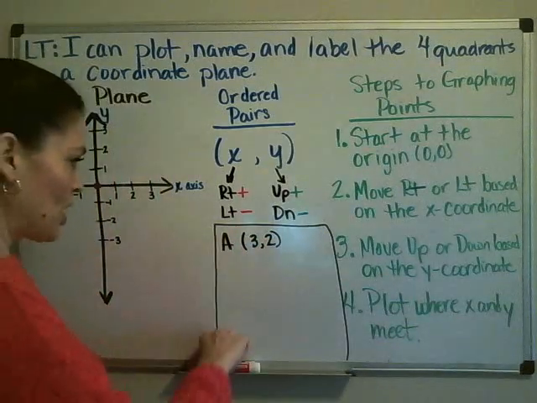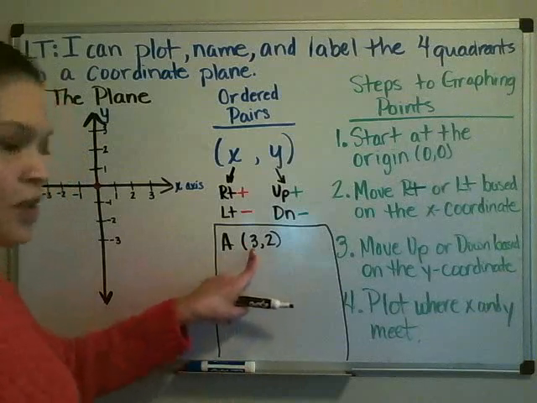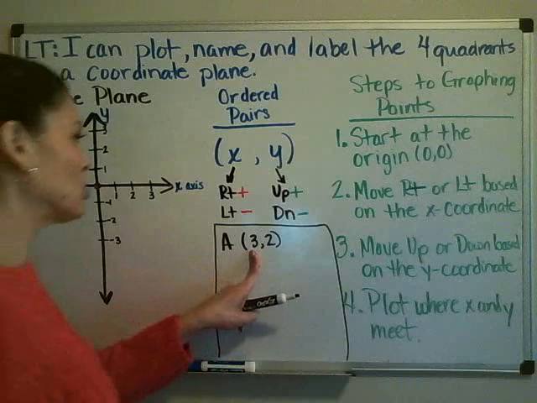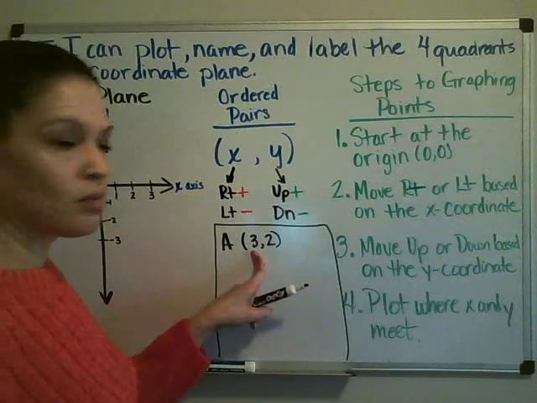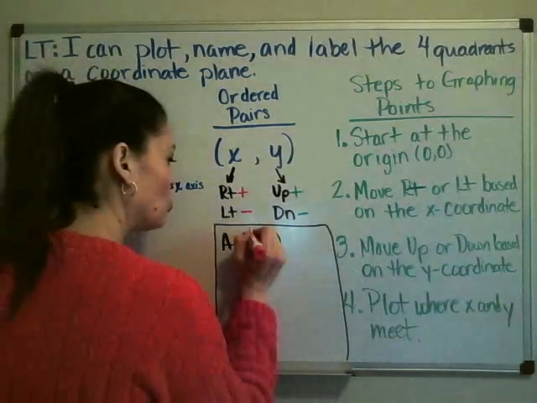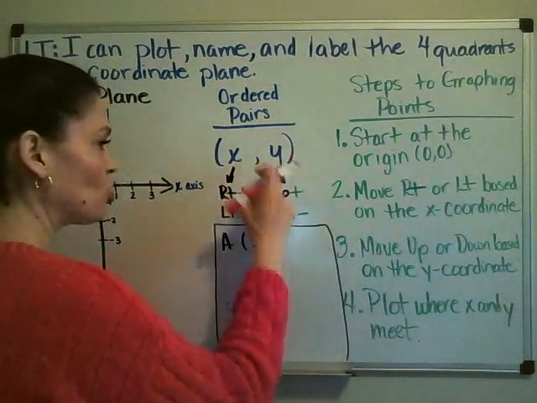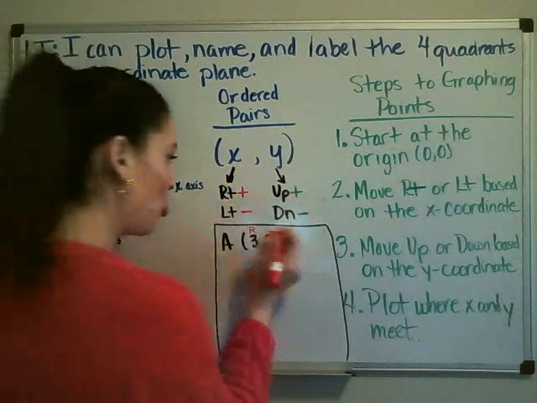So first of all, you can see that the x position is a positive 3. So are you going to the right or to the left? Okay, so this one is you're going to go to the right. And the 2, which is in the y position, is positive. So that means you're going to go up.